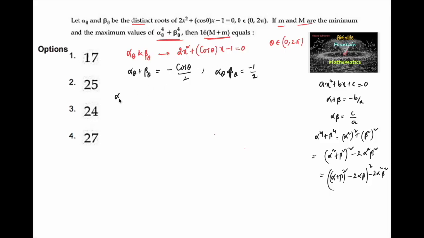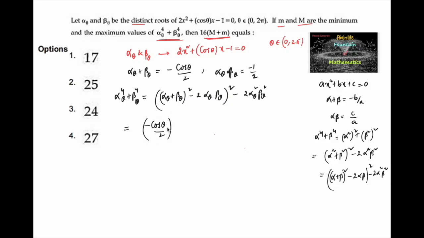And we have the relation alpha power 4 theta plus beta power 4 theta is equal to (alpha theta plus beta theta) whole square minus 2 times alpha theta into beta theta, again the whole square, minus 2 times alpha theta square and beta theta square. So we can write (alpha theta plus beta theta is minus cos theta by 2) whole square minus 2 times (minus 1 by 2) the whole square, minus 2 times (minus 1 by 2) whole square.